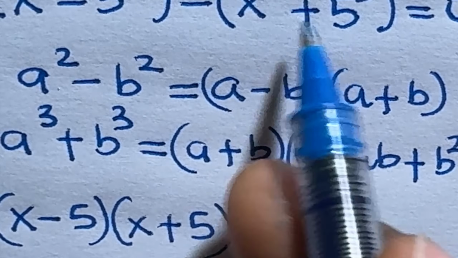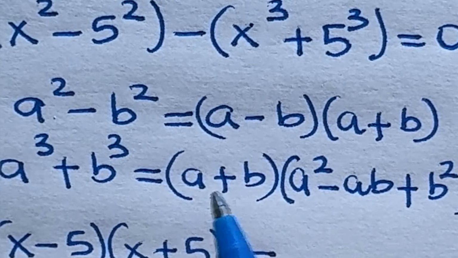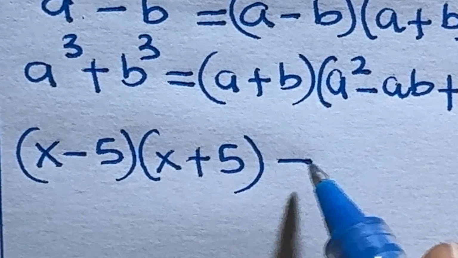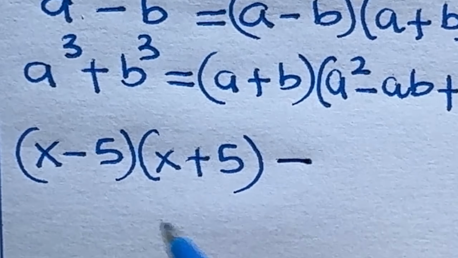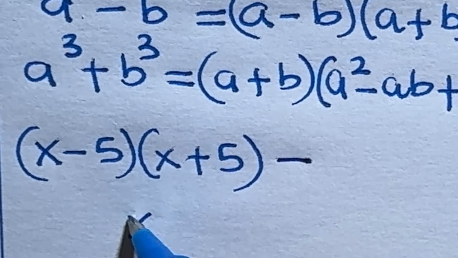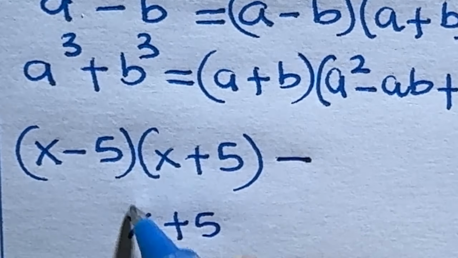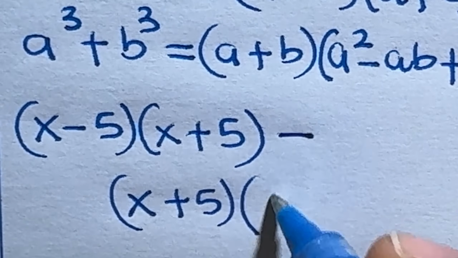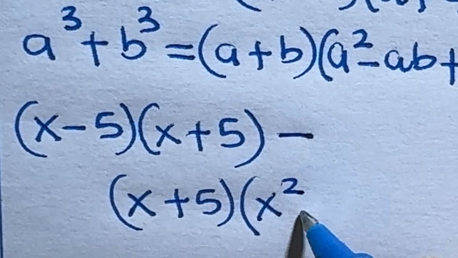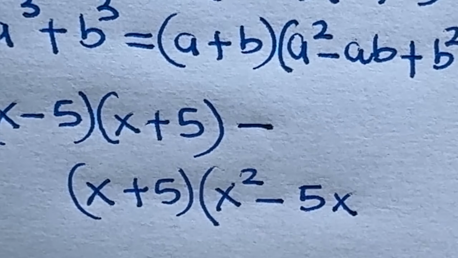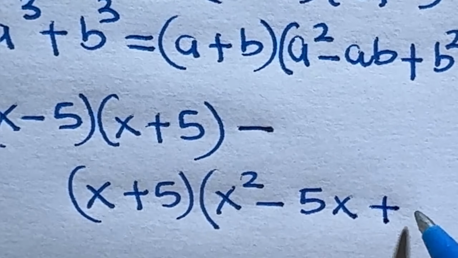So we are replacing this bracket with something that looks like this. That's going to be minus. I'm going to put that here, x plus 5 into brackets. So this will be x squared minus 5x then plus 5 squared.